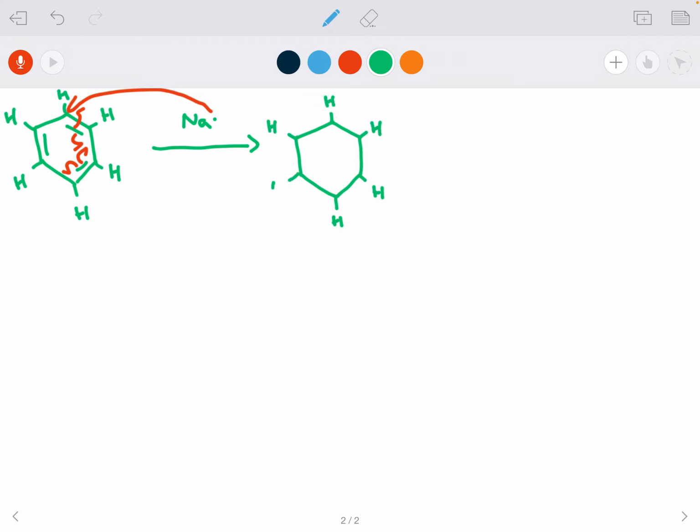It's called a radical anion because I have both a lone pair of electrons up top here, right? One from the sodium, one from the double bond. I still have my double bond right there. I formed a new double bond across from the other double bond. And then I have a radical down here. That resulted from the splitting of that double bond.